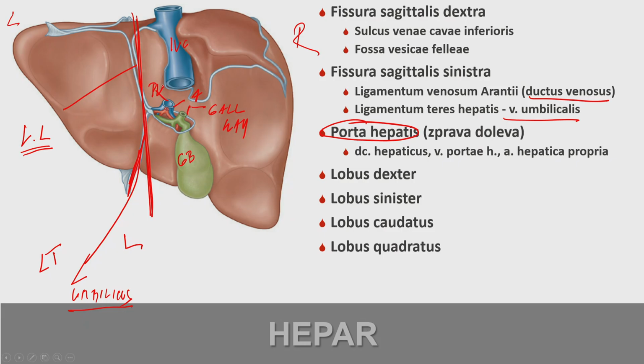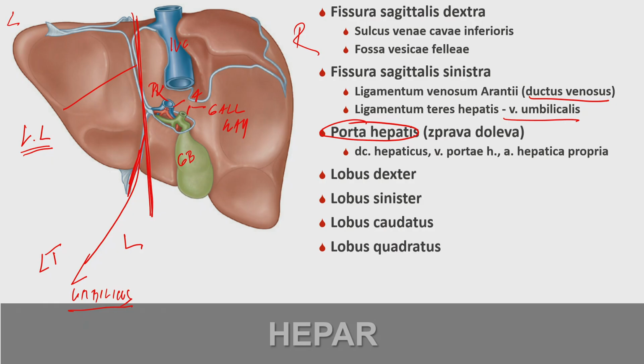So those are three structures which are called portal triad. Bile duct, artery, the branch or the own proper hepatic artery, and the vein which is portal vein, or in Latin vena portae hepatis. This vein is leading blood from the gastrointestinal tube towards the liver. So those two vascular structures flow into the liver, and backwards only bile in the bile duct.